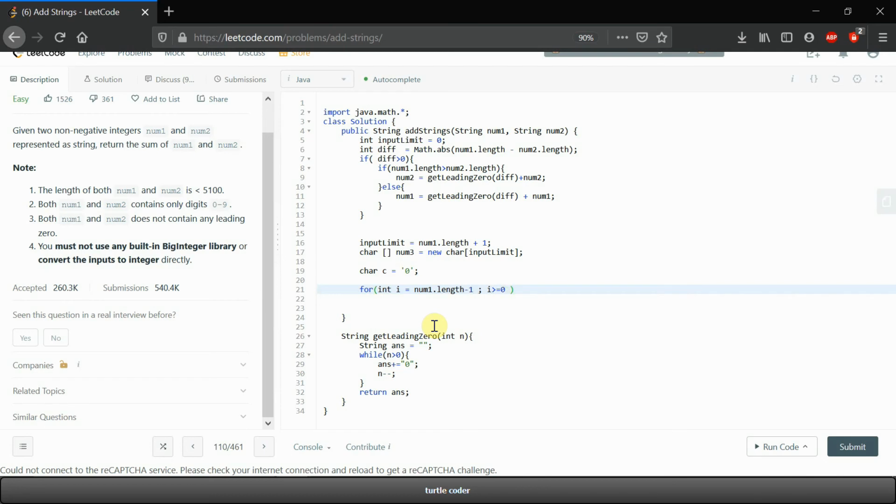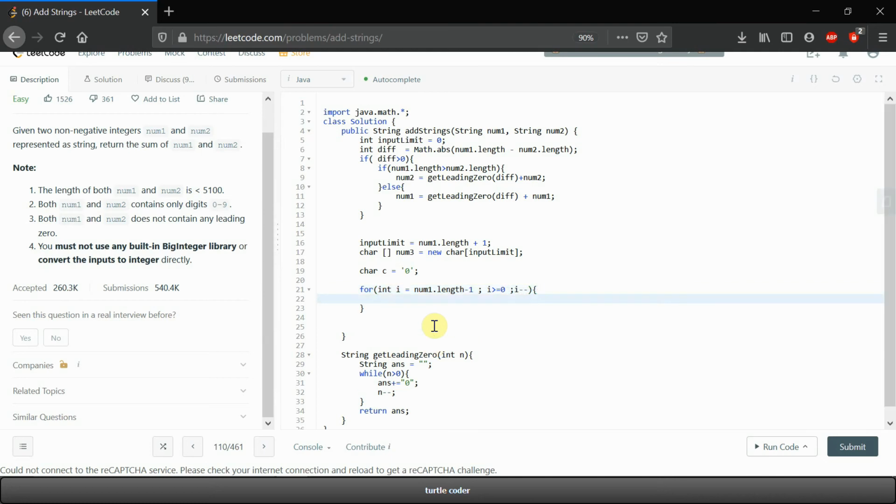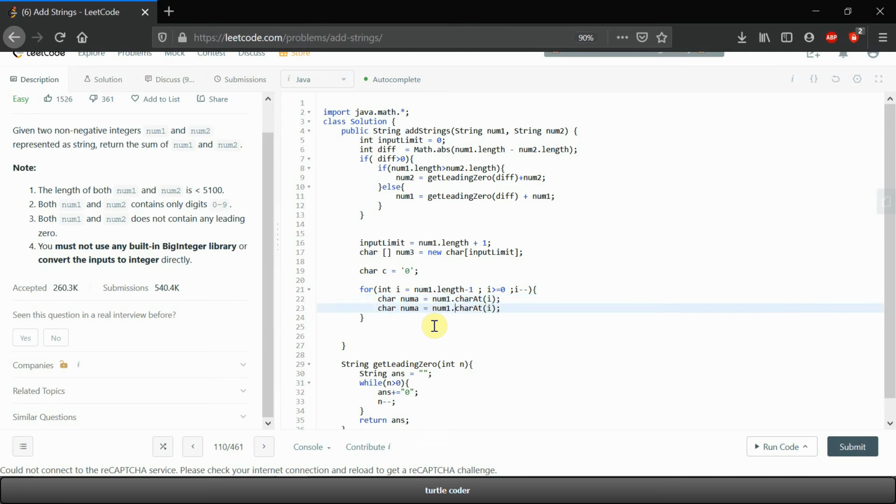And I should always decrement it. Now I'm looking at the character in num a, which is at num1.charAt(i). I'm going to use this library method, charAt(i). Similarly for num b.